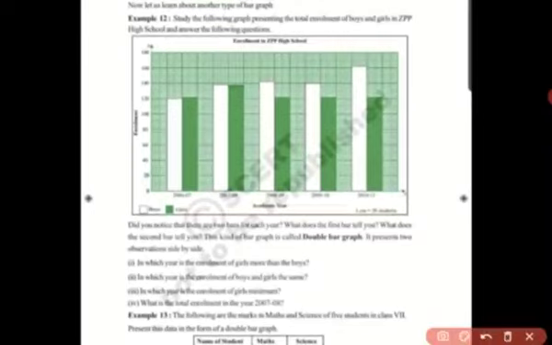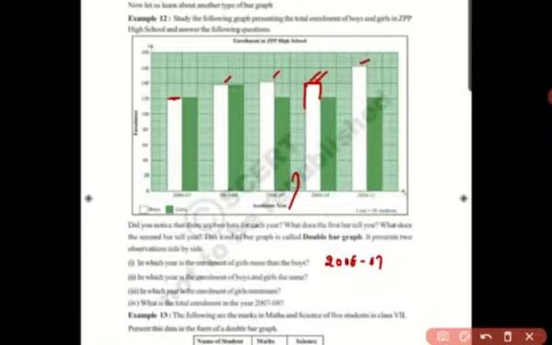You can see that only in this year girls enrollment was more. In the others, you can see both are equal here. Here boys are more, because from this graph itself you can see boys have more strength here and here also. So in 2006 to 2007, girls enrollment was more.